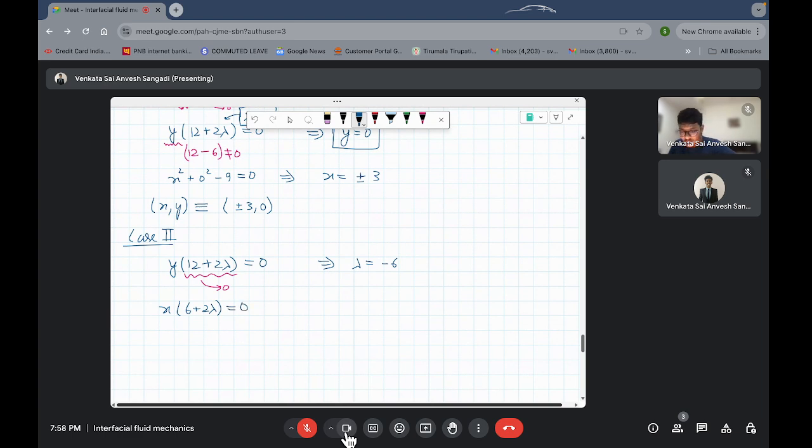So substituting the value of lambda, we get 6 minus 12, which is not equal to 0. Therefore x has to be equal to 0 for this equation to hold true.